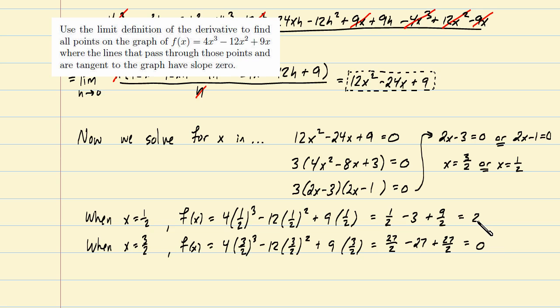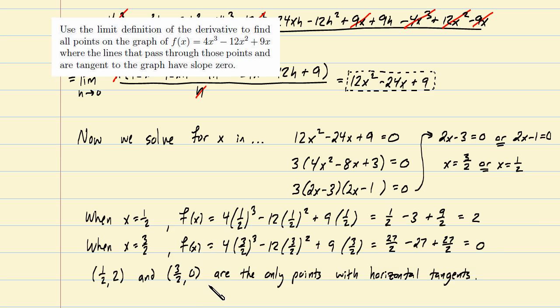So we have an x, y pair there, and an x, y pair there, and so the 2 points that we seek are 1/2, 2, and 3/2, 0. And they are the only points with horizontal tangents. That is our answer, and we are done.